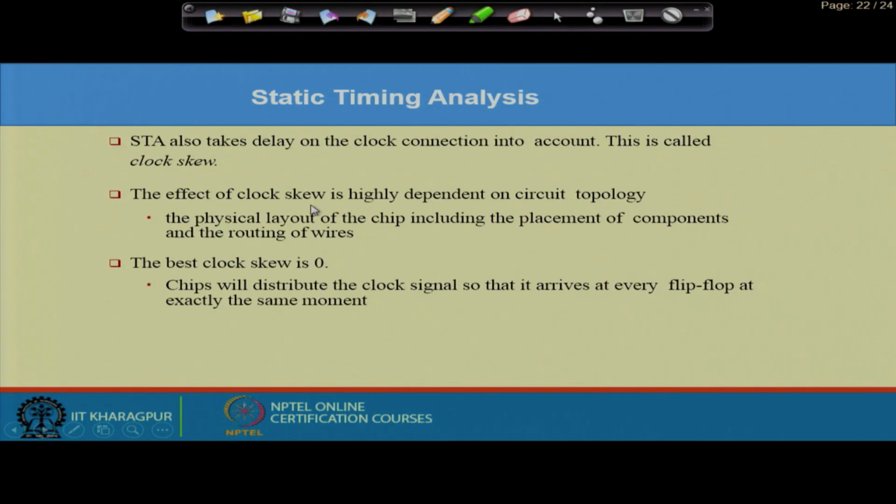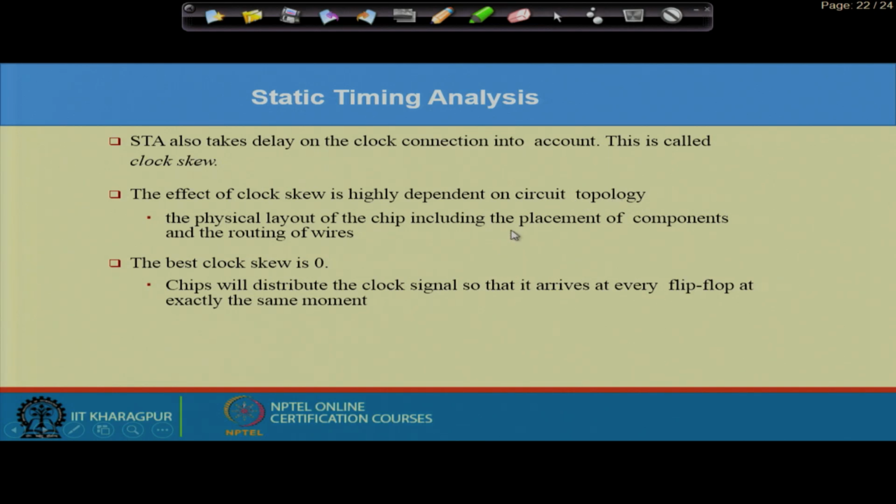If the clock has to traverse a long path, the skew requirement is more. If the clock is directly connected to a sequential element, the path is smaller, so the skew amount is lesser. That is why the effect of clock skew is highly dependent on circuit topology.